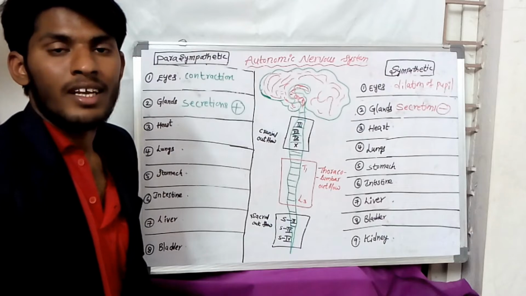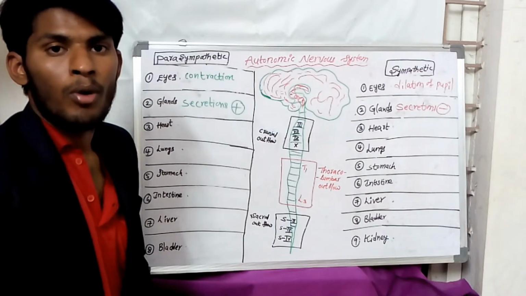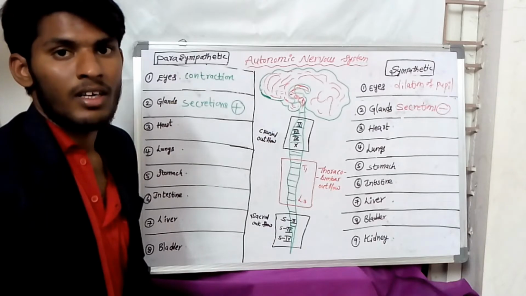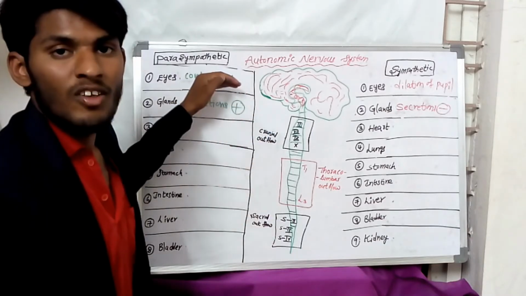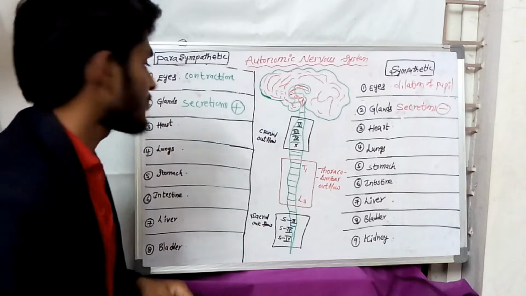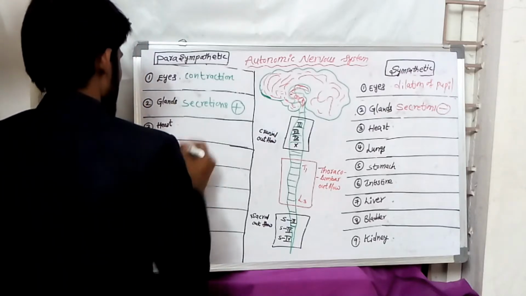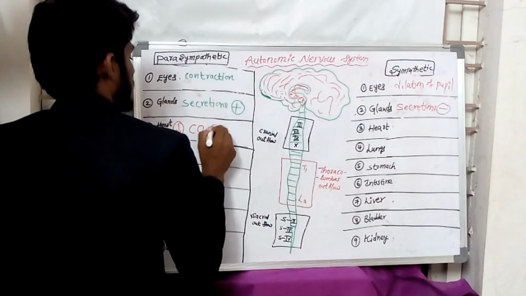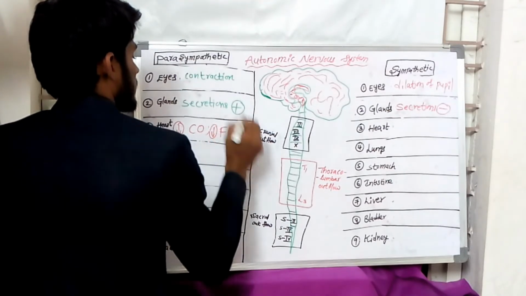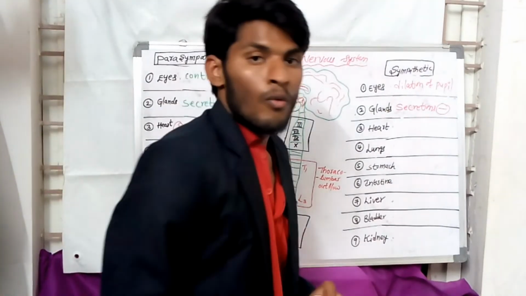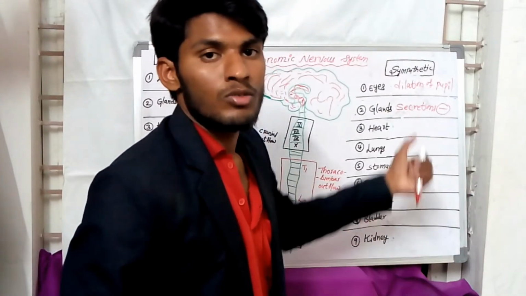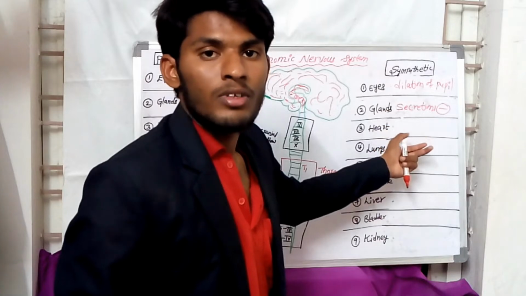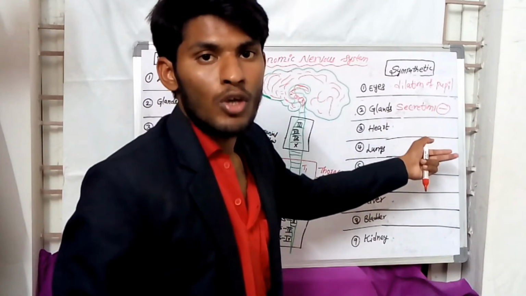In the case of the heart, relaxation of the cardiac muscle is going to be observed, so that a decrease in the cardiac output as well as the force of contraction will be observed in the parasympathetic nervous system. Whereas the sympathetic nervous system is going to stimulate, increasing the cardiac output and the force of contraction.